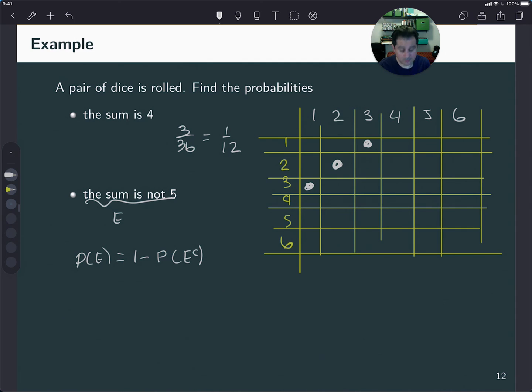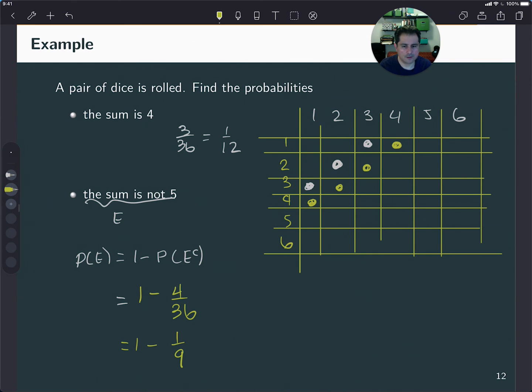That's the way we wrote it in the last slide. The probability that it's a 5, well, I can get a 5 in the next diagonal: 4 and 1, 3 and 2, 2 and 3, and 1 and 4. So there are 4 ways. So it's 1 minus 4 over 36. If you want to simplify that, that's 1/9.